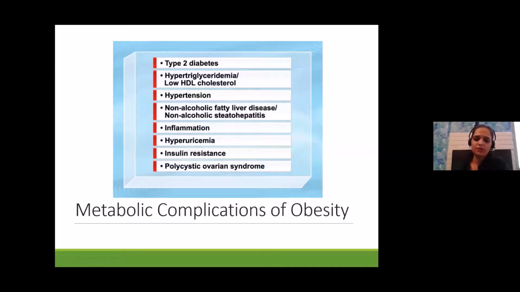Hyperuricemia: a lot of patients come in with increased uric acid, and probably they start blaming the higher proteins in the diet, but obesity plays a very significant role in the way hyperuricemia is pronounced in the blood. There is insulin resistance which would come in, of course polycystic ovarian syndrome, and pregnancy related complications, where 1 in 5 women coming into the clinic are diagnosed with GDM, which is a very high proportion.